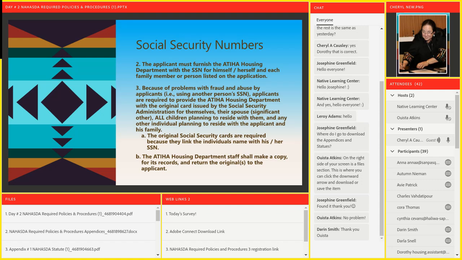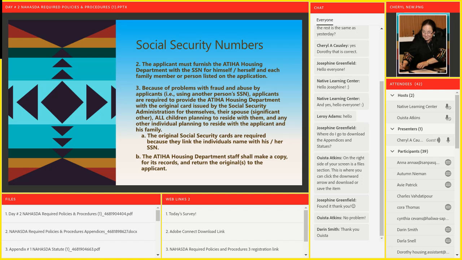Because of problems with fraud and abuse by applicants, perhaps using another person's SSN, applicants are required to provide the housing department with an original card issued by the Social Security Administration for themselves, their spouse, significant others, because remember, as a head of household, those are like the 3. They don't necessarily have to be married as that co-head.